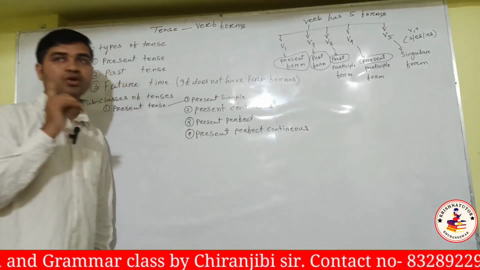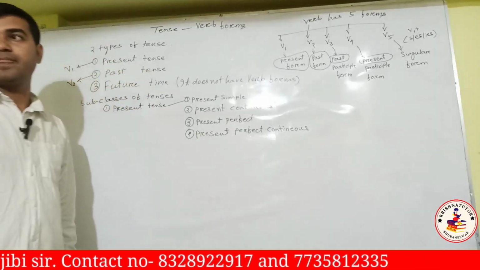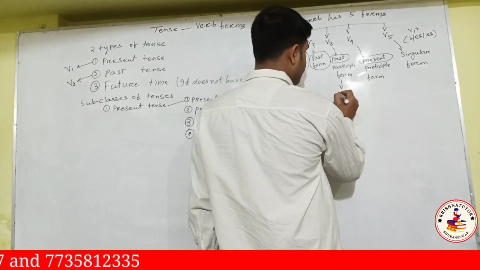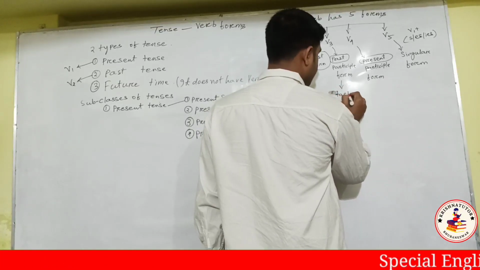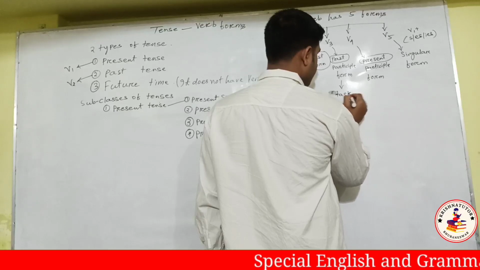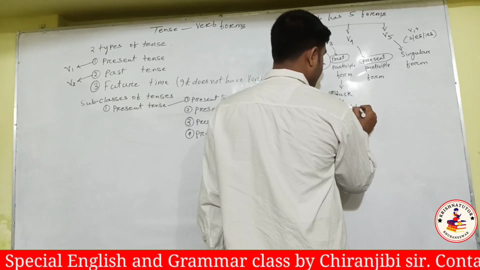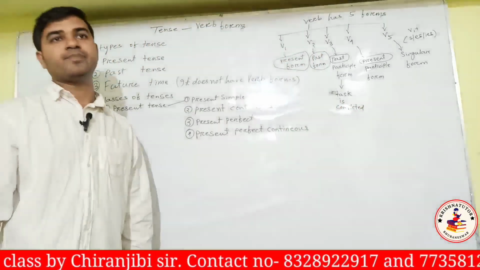One thing you should keep in your mind, this continuous is also called progressive. Here the task is completed. If the task is completed, then we can use V3.